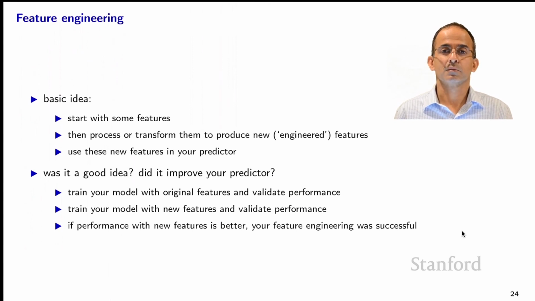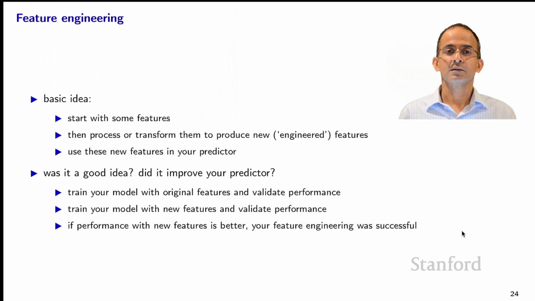Now, fundamentally, the question you have to ask yourself is, what feature engineering should you do? Does it improve the predictor? And there's an answer to this question that is worth repeating to yourself throughout this class: the way you tell whether one predictor is better than another is by validating the performance.